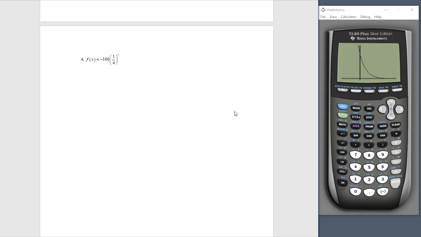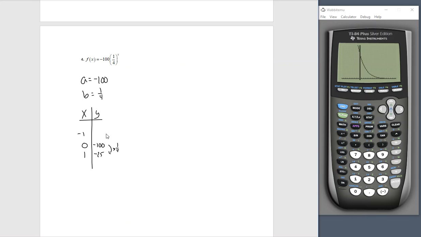And our last example has an a value of -100 and a b value of 1/4. So for my x and y values, at 0, I'll have -100. If I move forward, I'm going to multiply by 1/4, right? My base multiplier b is 1/4. 1/4 of that is -25.